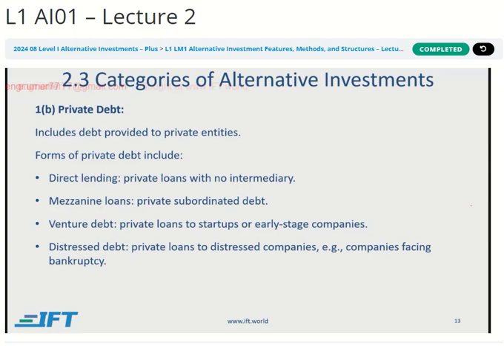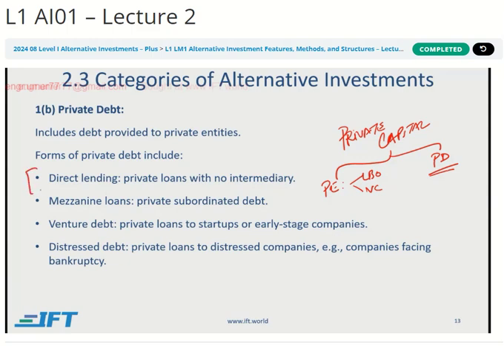Now, private debt, so again, with private capital, you have private equity, which we just discussed, right? And within private equity, we have your leveraged buyouts and your venture capital. Now we're talking about private debt, providing loans to these private companies.